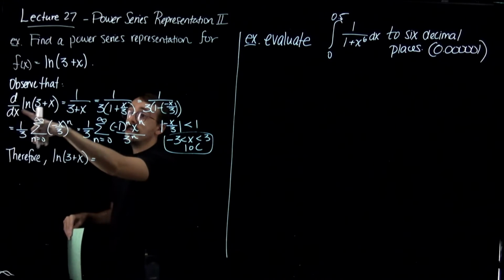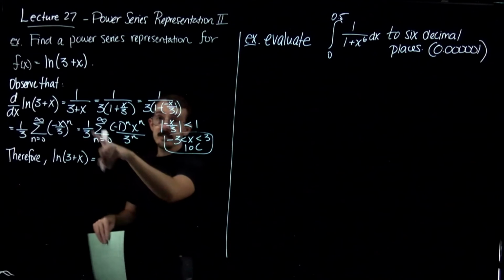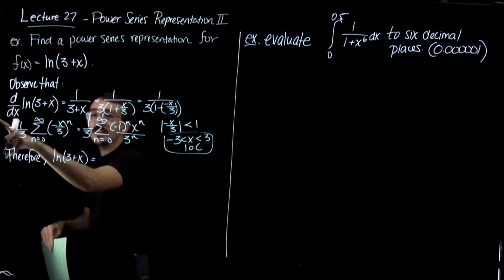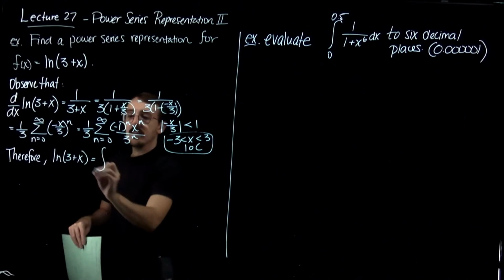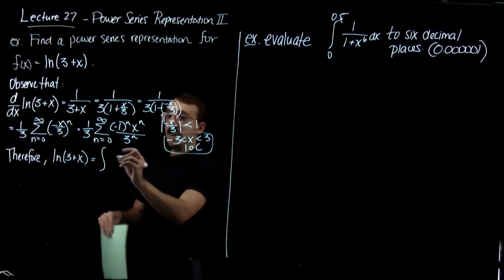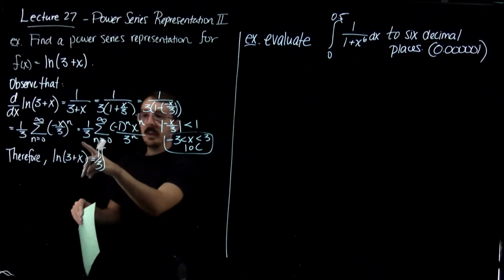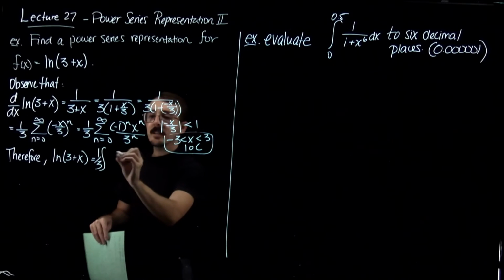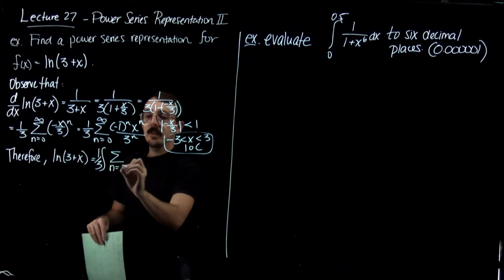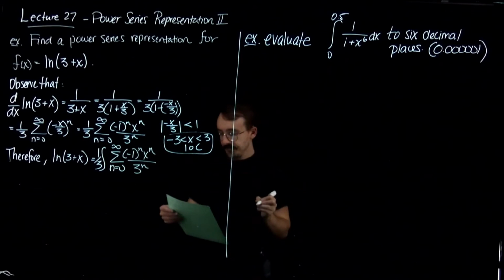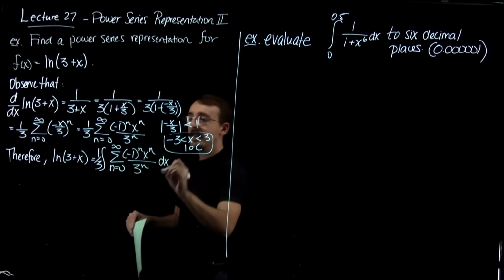Because if the derivative of ln of 3 plus x is this series, to get to ln of 3 plus x, I need to integrate this. So I'm going to have the integral of, and this 1/3, I'll just leave out front. And I'm going to integrate this series term by term. So from n equals 0 to infinity of negative 1 to the n, x to the n, over 3 to the n. So I integrate that term by term.